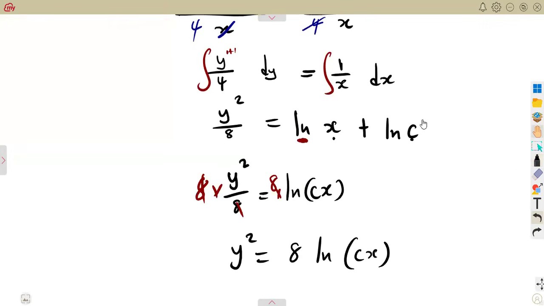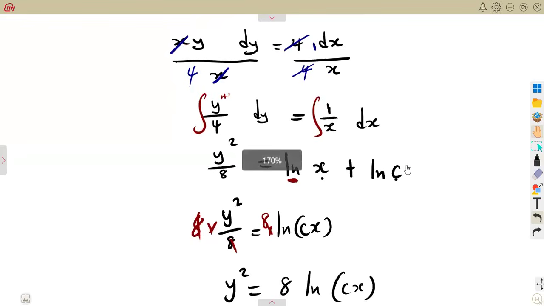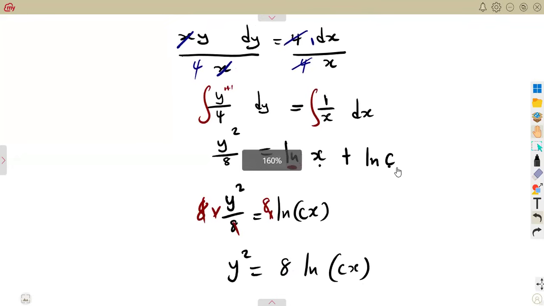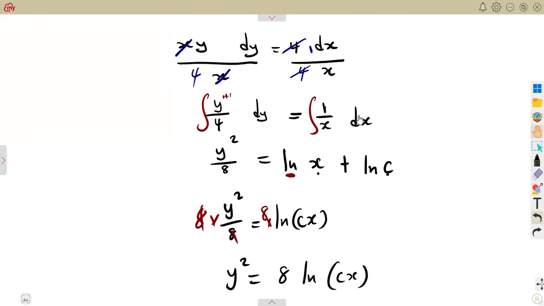So the simplification thereafter, guys, it's actually in your hands. How are you going to simplify these? But what I need us to understand is that when working with a part of x, introduce that constant as the ln of c.